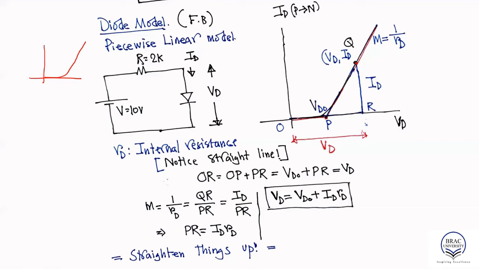Now we can do one thing. We can replace these IV characteristics with two straight lines. We can go for this approximation.